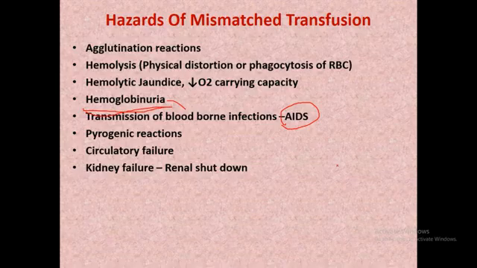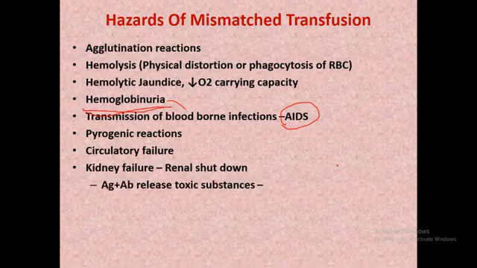Hemoglobinemia is a condition in which there is an increase in the free hemoglobin level in the blood, and whenever this hemoglobin is filtered by the kidney and highly present in the urine, then this condition is hemoglobinuria. And due to this, whenever this free hemoglobin passes through the kidney, it is going to damage the structures of the kidney. So kidney failure is one of the serious complications of this mismatched blood transfusion.